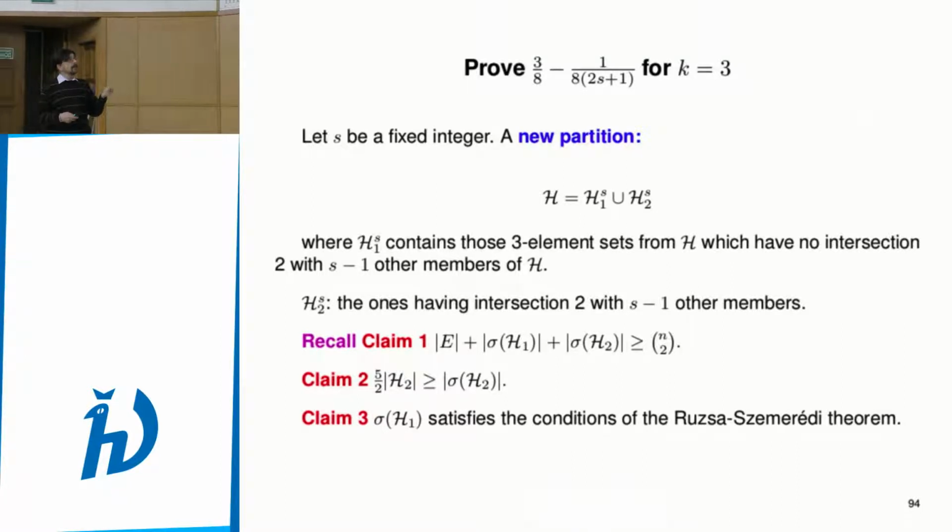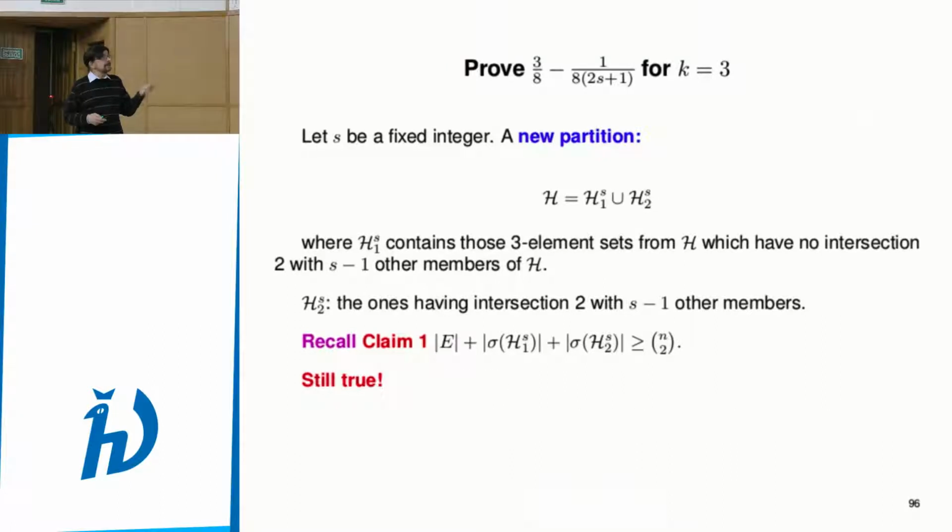So now I replaced H1 by H1 upper S and H2 upper S, and this is again trivial, because it's just the same thing that we have here all together. We have all the two-element subsets of the three-element sets, and plus this, every edge should be covered either by itself or by one of the things. So this is true again. So it's no difference, no novelty here.